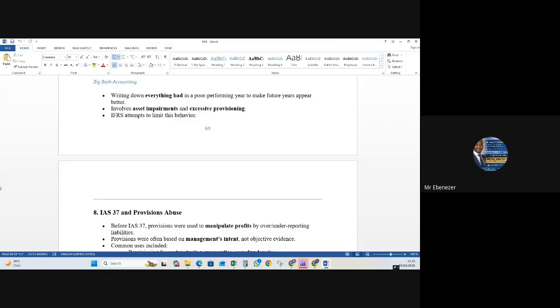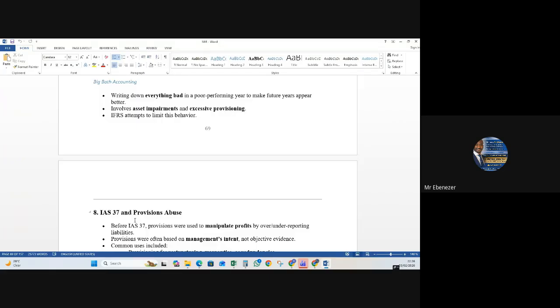Right now, on contingent liability provisions, I think IAS 37, this one I want to do as well. That one also talks about the criteria for recognizing provisions so that your excessive provision can be curbed, right?